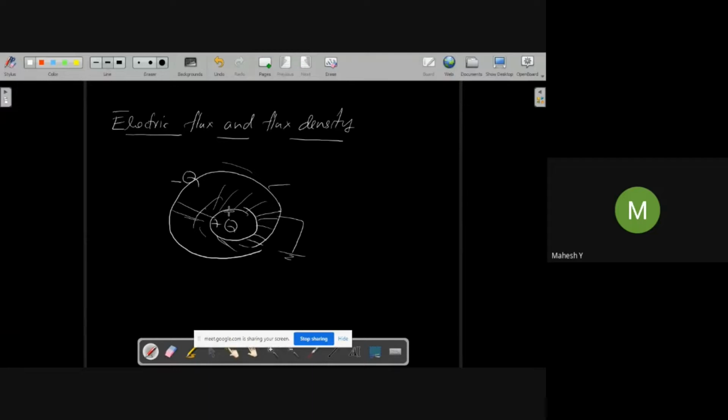So something is flowing from the inner sphere to the outer sphere through the insulating material. That is called a displacement flux or displacement electric flux. Something which flows from the inner to outer is called a displacement flux or electric flux.